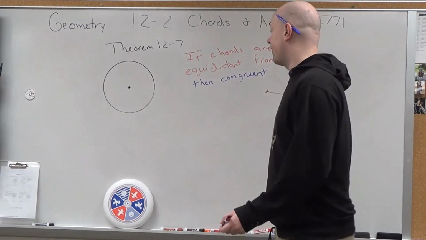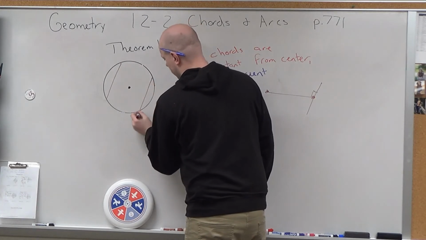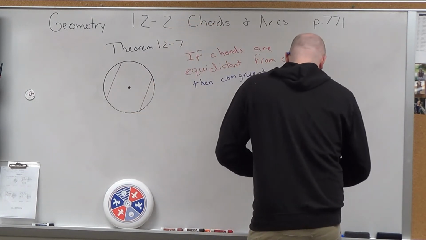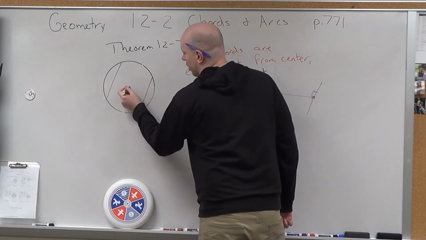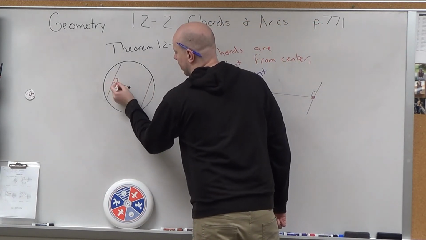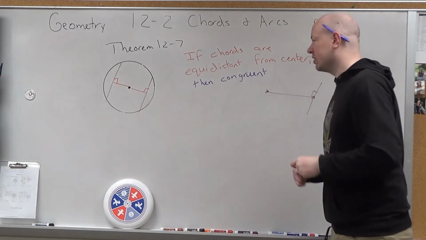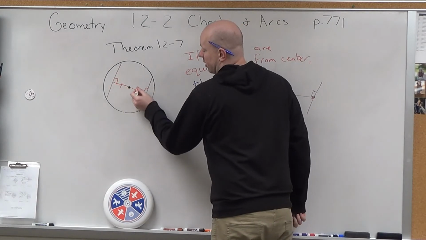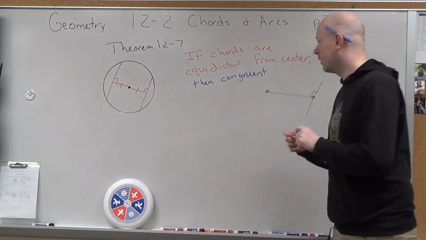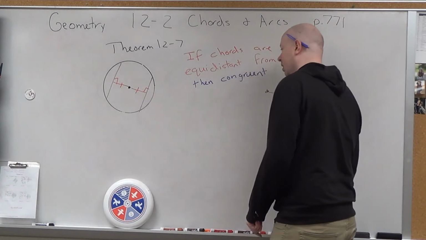So I know that if I have two chords, the quickest and most efficient distance, my equidistance, would be perpendicular to both those chords. And equidistance had to be the same. So, tick mark, tick mark. So here, equidistance, then these lines are congruent.